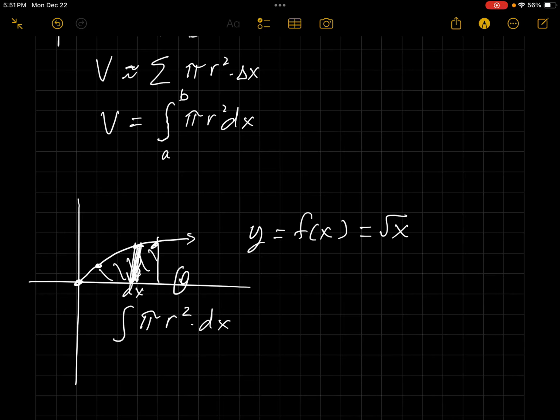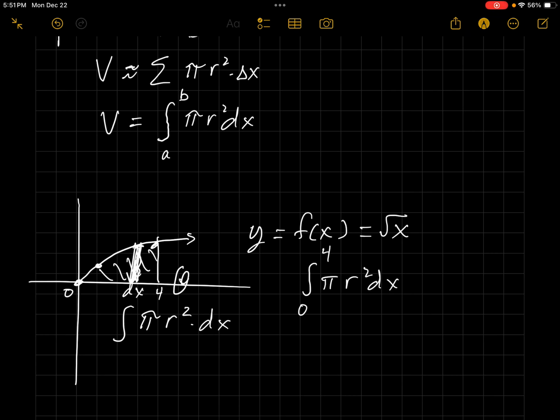And then we're going to add all of these tiny volumes together, starting at x equals 0 and going to x equals 4. This would give me the integral 0 to 4 of pi times, well, I'm missing my radius.